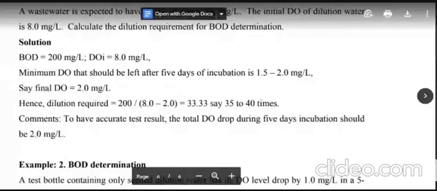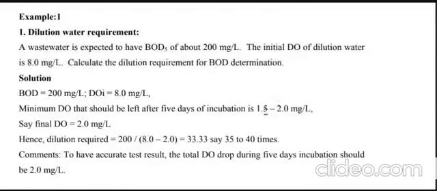So we say that around 35 to 40 times we need to dilute that solution, because the condition is that the minimum DO that should be left is around 1.5 to 2. For that case, we need to dilute the solution which is given to you around 30 times.